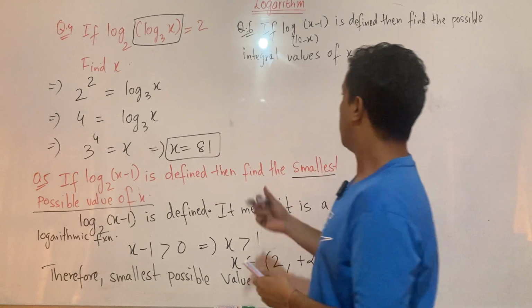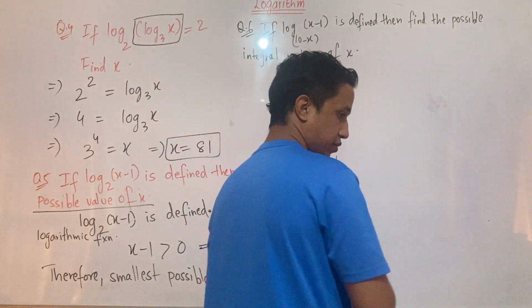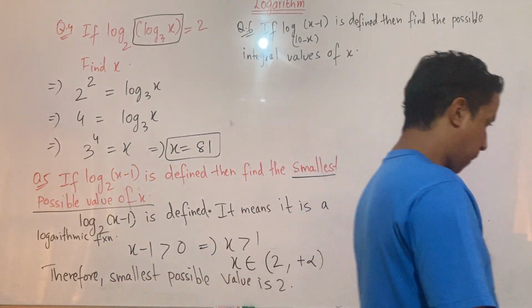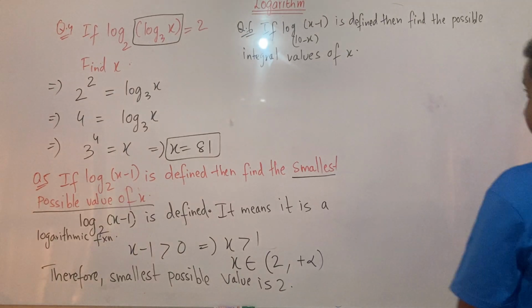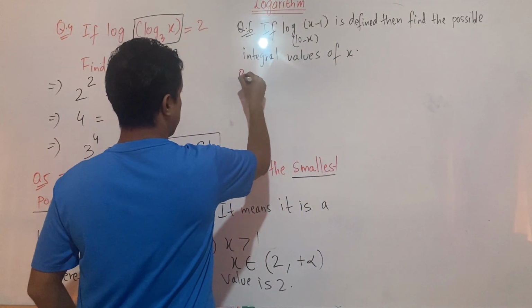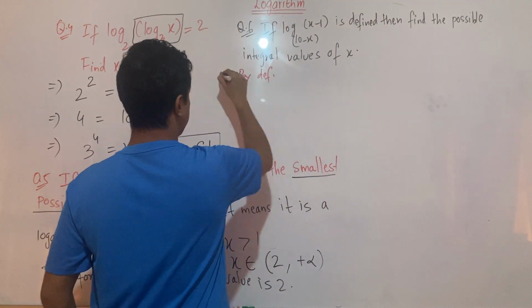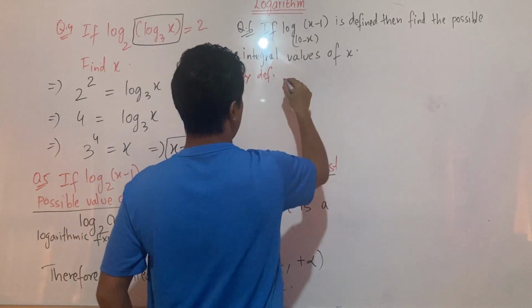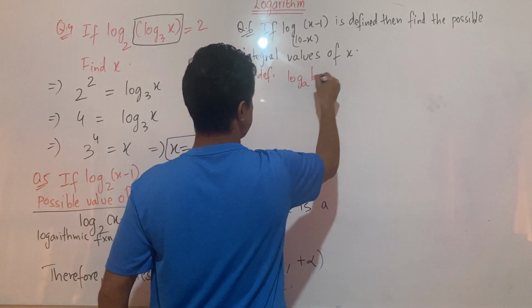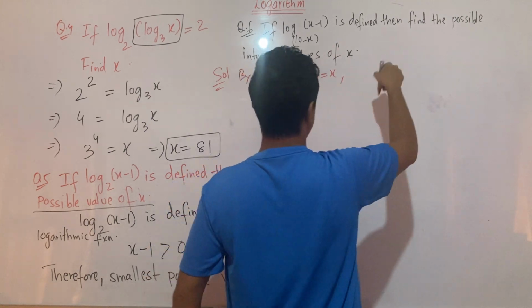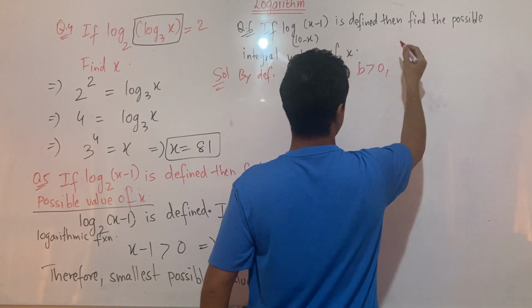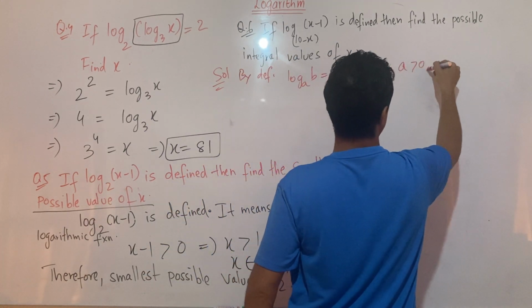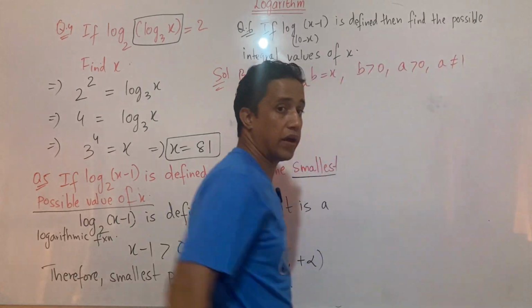Now by definition, log of b to the base a equals x, provided that your b is greater than 0, your a must be greater than 0, and it should not be equal to 1, right?